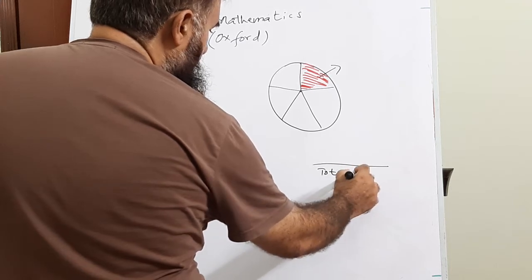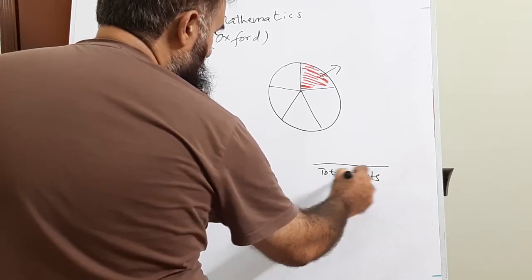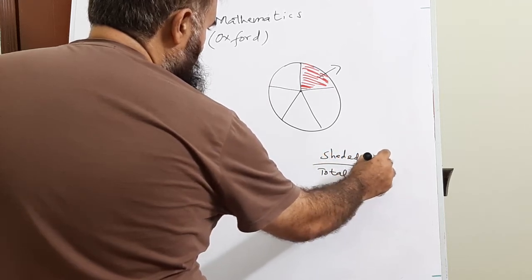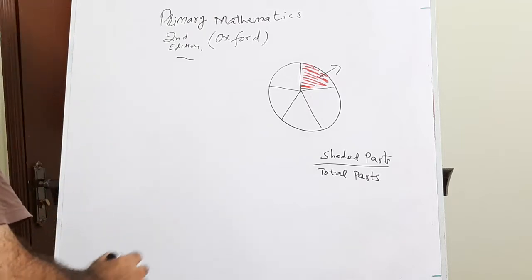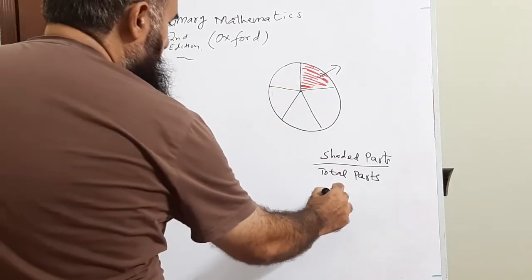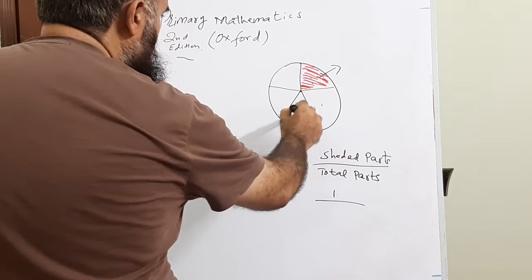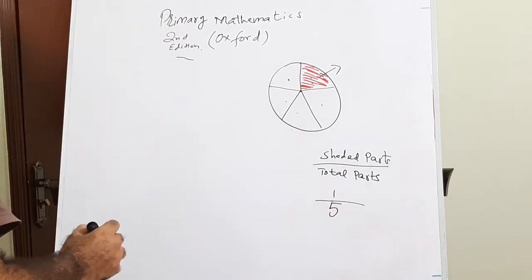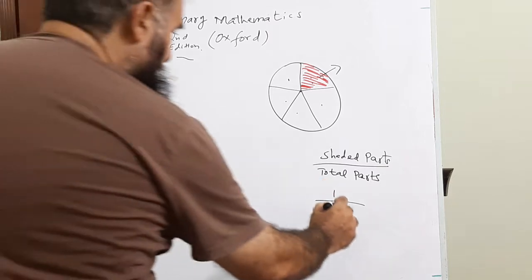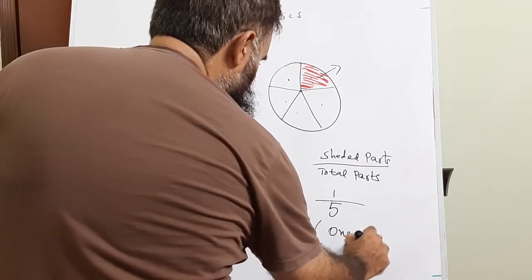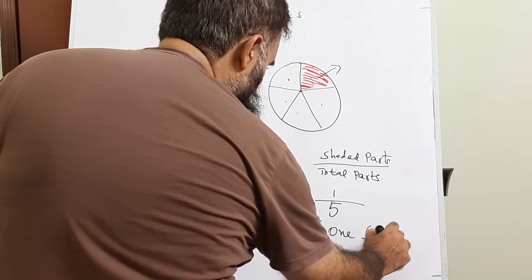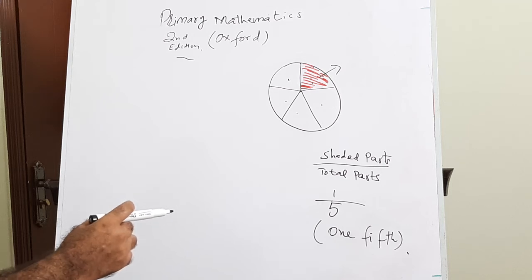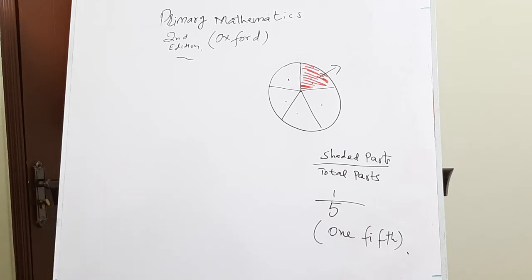This is for your understanding, to memorize: total parts, shaded parts. This is one part shaded, so we'll say 1 shaded. And how many total? 1, 2, 3, 4, 5. 5 are total. So 1/5. 1/5 part of the circle is shaded.